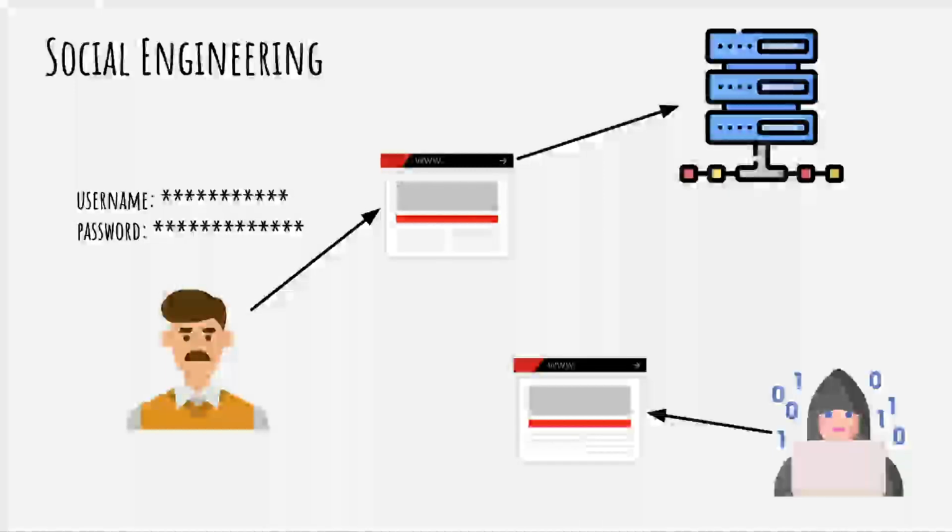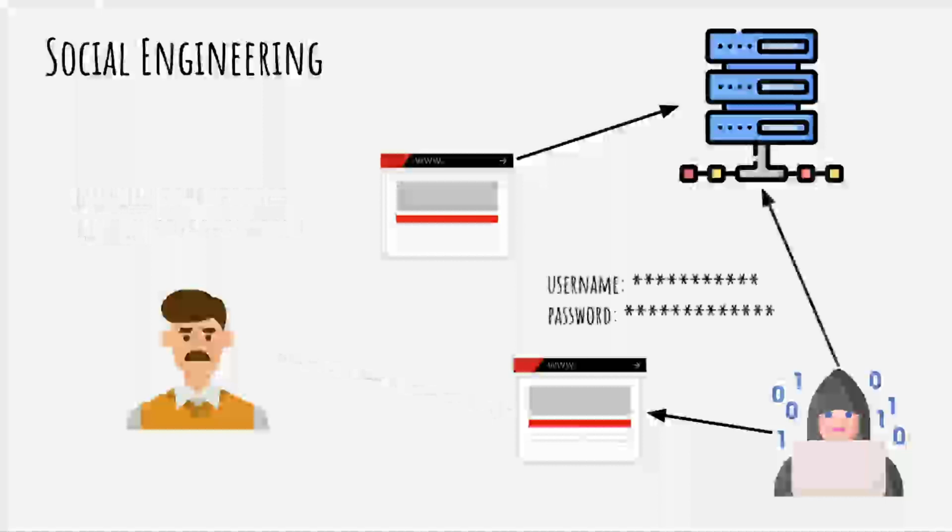Then send the employee that page to login. Now, he wouldn't do this directly. He could use various methods to make the employee actually open this page through various social engineering tactics. Then, if the employee falls for this and provides his credentials to the fake page, the attacker would then get those credentials and can use them to log into the server and get access to it like that.